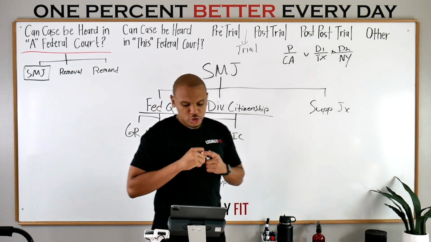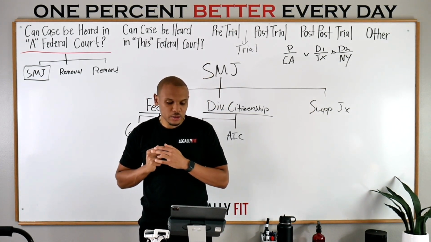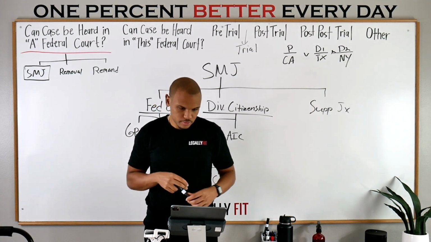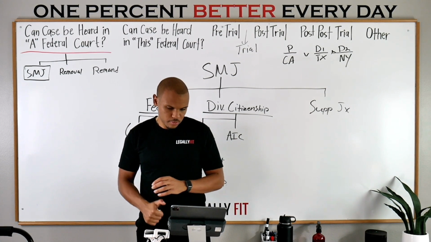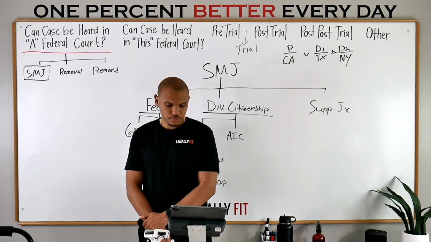Okay. So can we go with Yadi? Yadi, can you tell me what the rule is for determining citizenship of a person? A person's citizenship is determined by their domicile. A person is domiciled in the state in which the person is physically present and has the intent to remain. A person may only be domiciled in one state at a time.